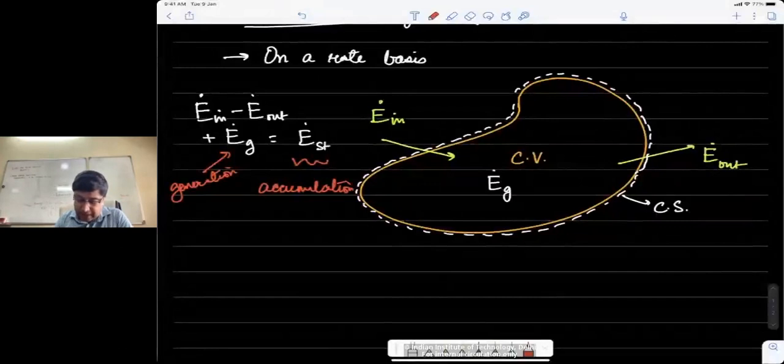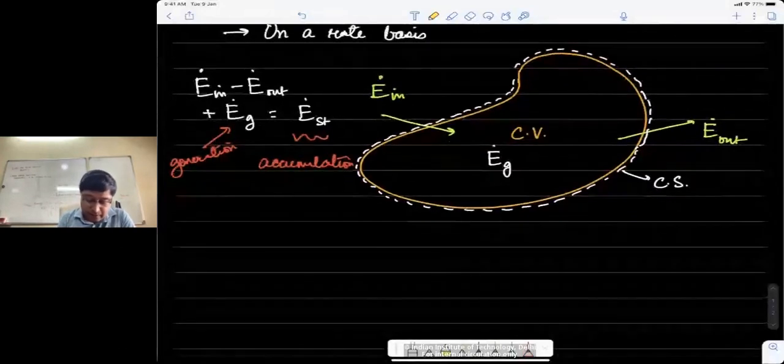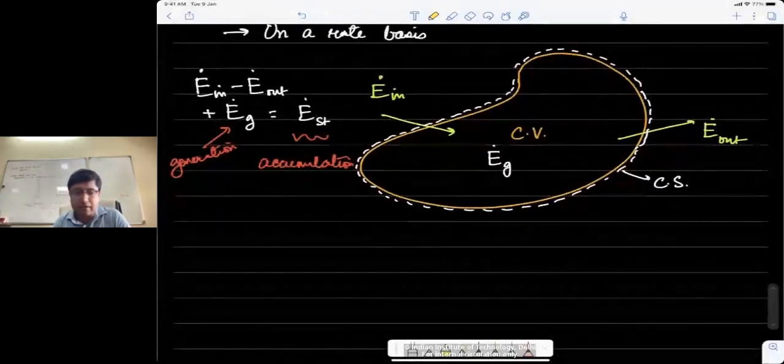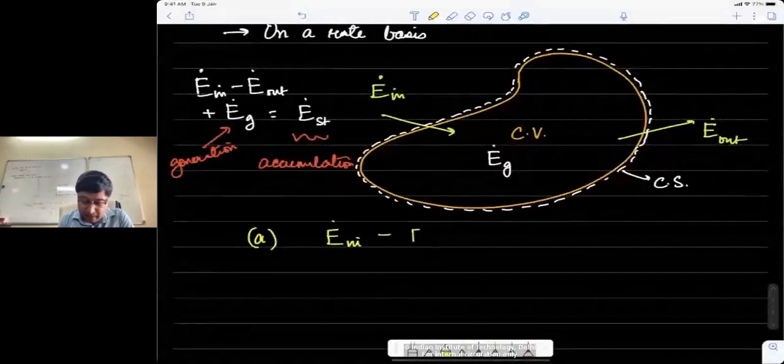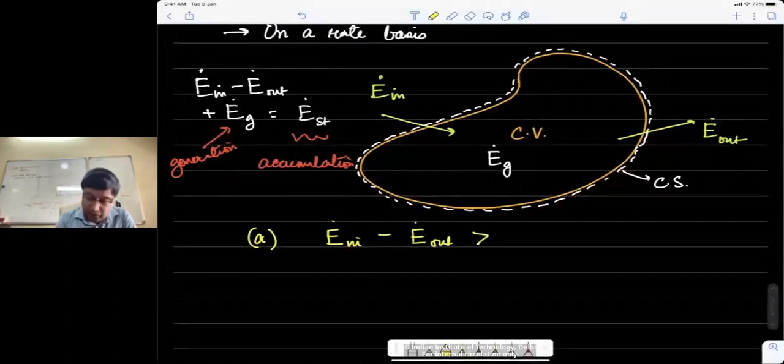Now what this brings out are two scenarios, because these will be scenarios that we will be using very frequently now in heat transfer. The first scenario is a case where, let's say, E dot in plus E dot generation is more than E dot out.